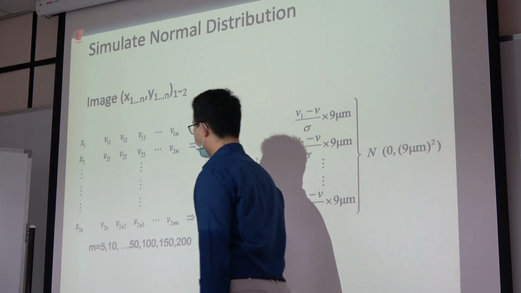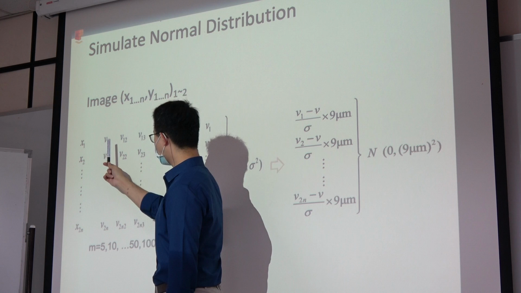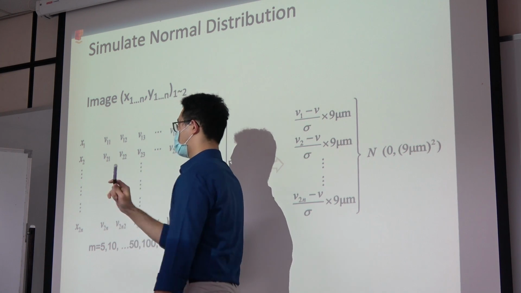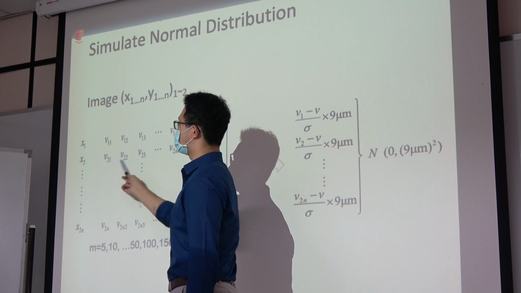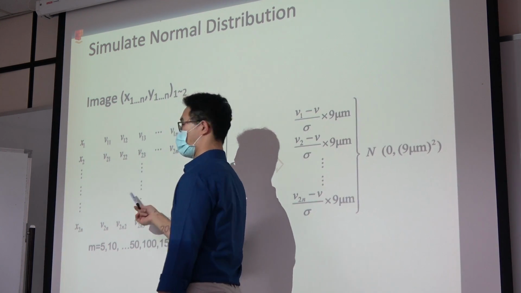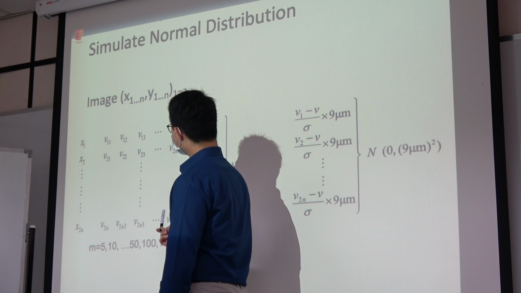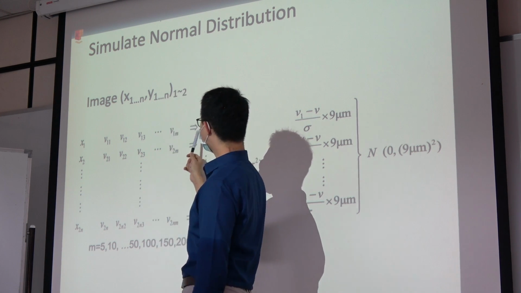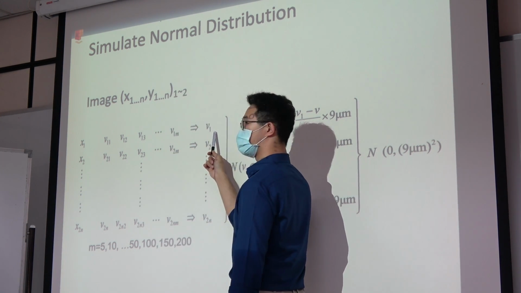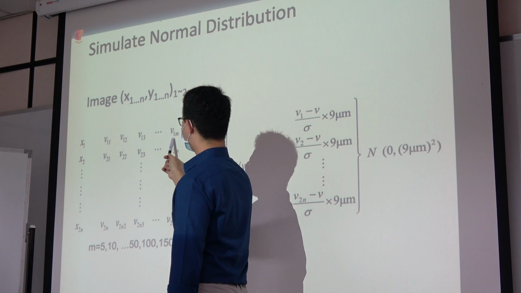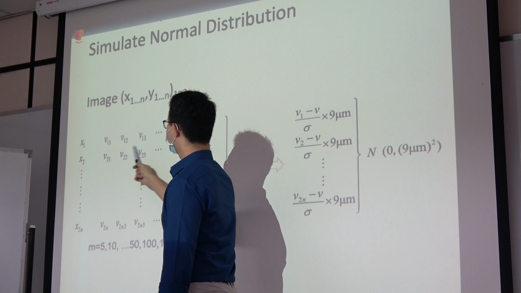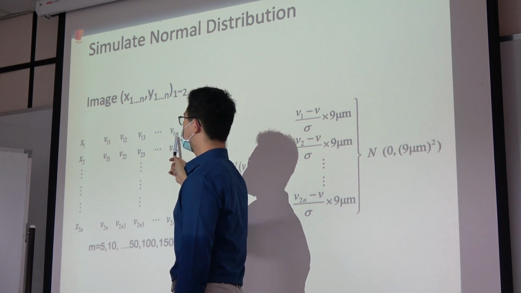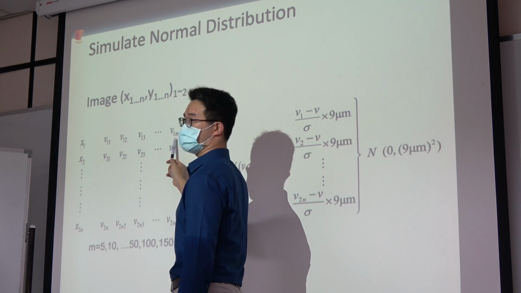So the first thing is I can use the uniform distribution random number generator to generate a lot of values. For example, in order to decide the first error, I simulate m uniform distribution random numbers first.